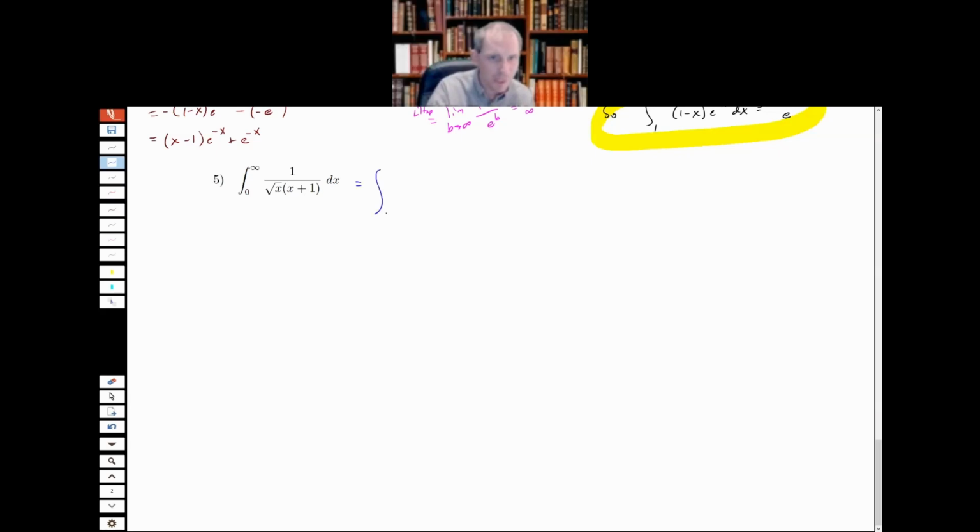I'm going to write this as an integral from 0 to 1 plus the integral from 1 to infinity. Now, why did I pick 1? Well, I can pick anything I want in the middle. I'm just trying to break this up into two integrals so I only have one problem point at a time. And 1 is a nice easy number to work with. So that's why I picked 1, but you could pick 2, you could pick 3, you could pick e, pi, a billion, anything is fine, as long as it's between 0 and infinity.